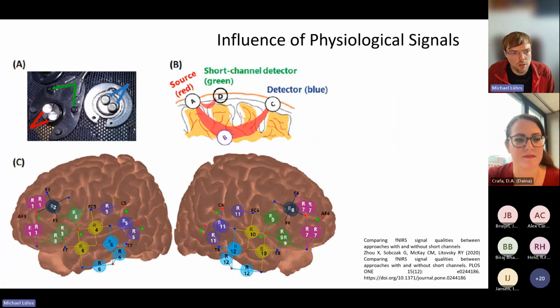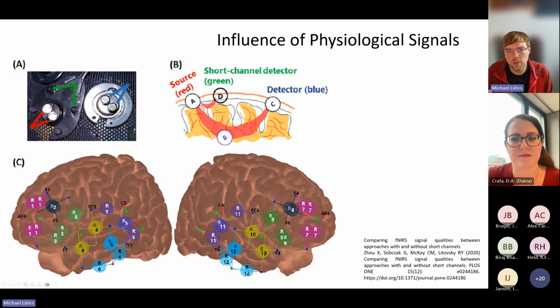So the short channels are different across manufacturers, but basically the most important aspect is that the distance of the short channel compared to the normal channel is about 0.8 to 1 centimeters. So it's much shorter, and that should cause that the banana shape is not reaching the gray matter.